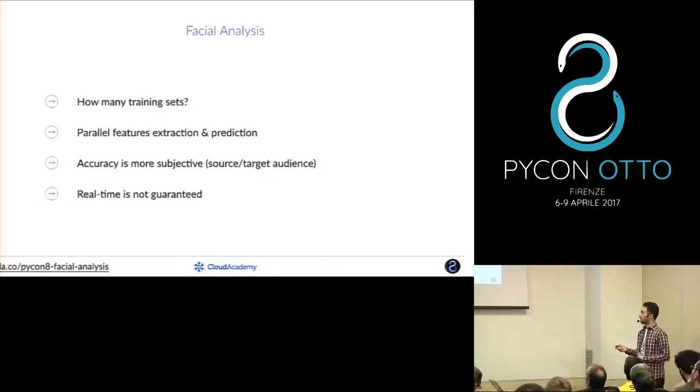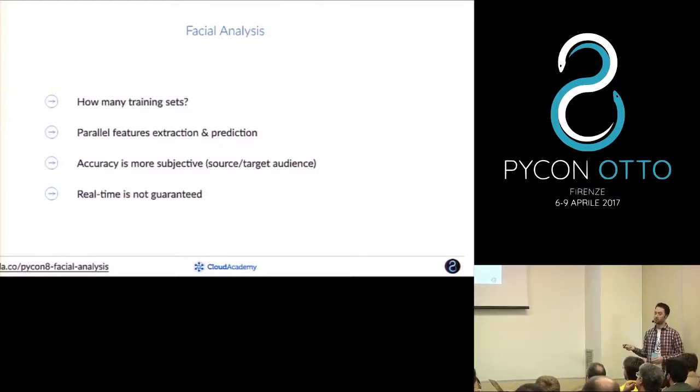And what about accuracy? Is it objective, subjective? Is emotion the same everywhere in the world? Is age different in different locations of the world? It's tough to build a general model for this kind of higher level, very subjective information.